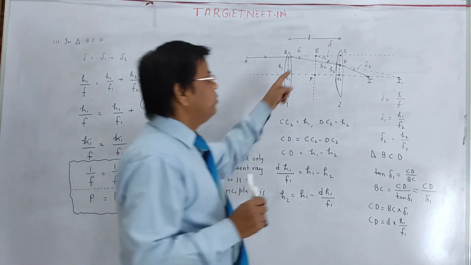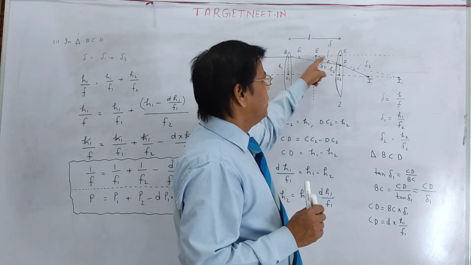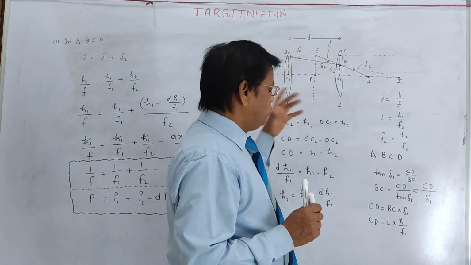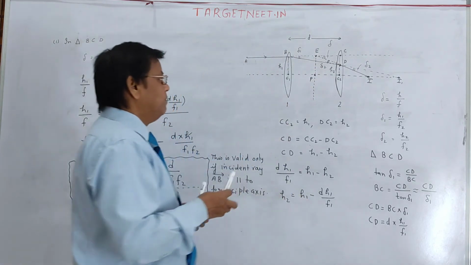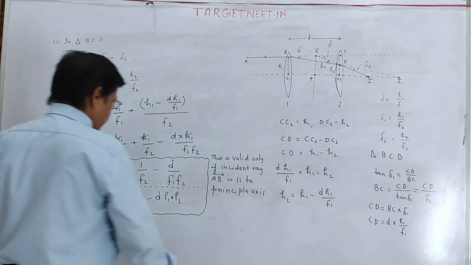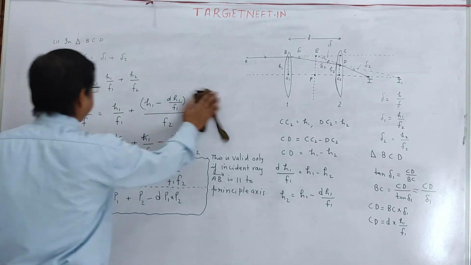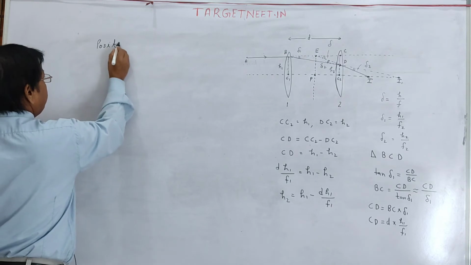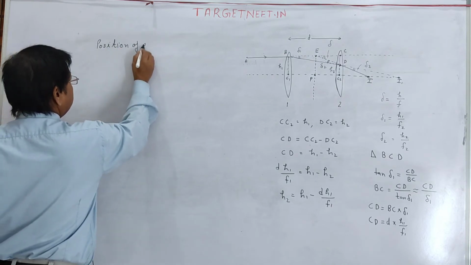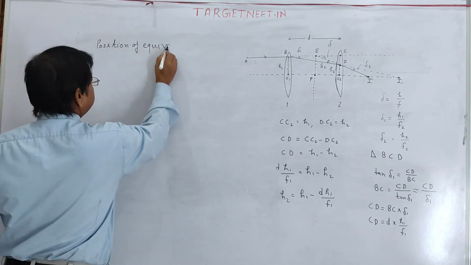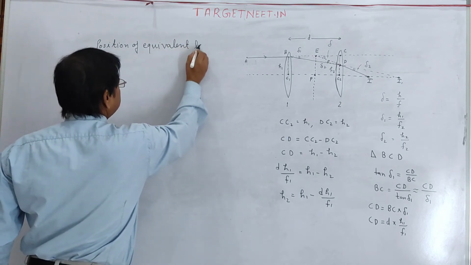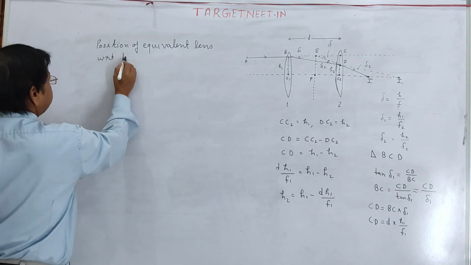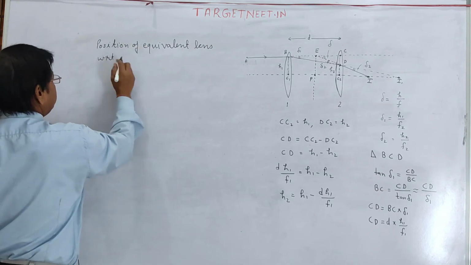PC2 you can calculate by using this right angle triangle. So the position of the equivalent lens with respect to the second lens, if you want to find, you can find.